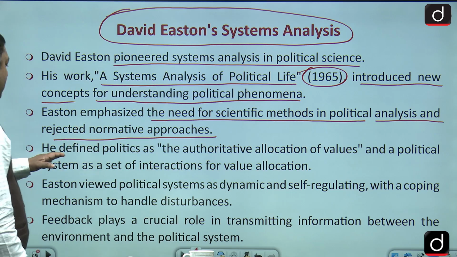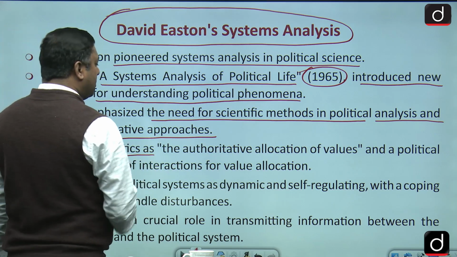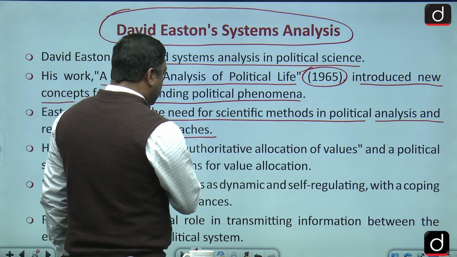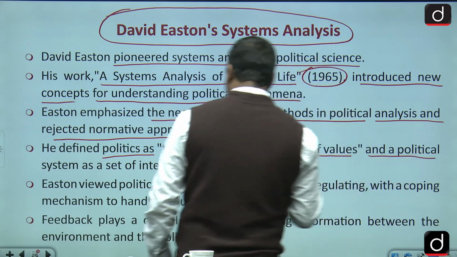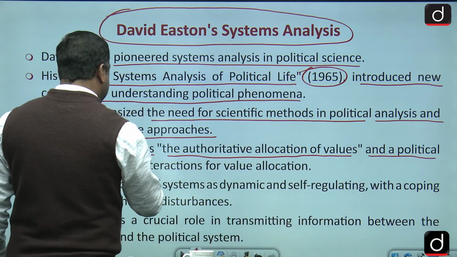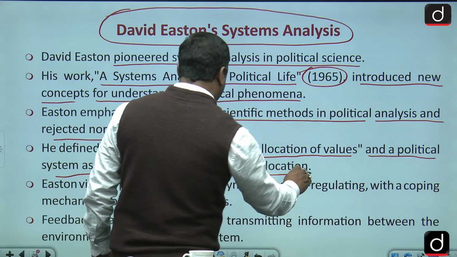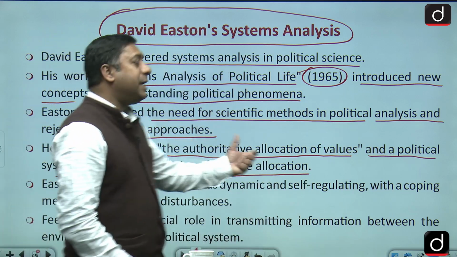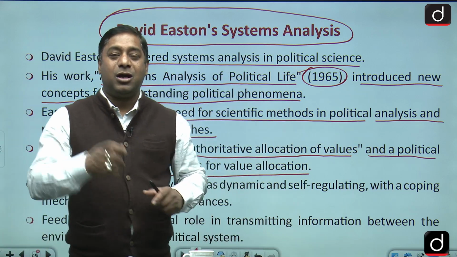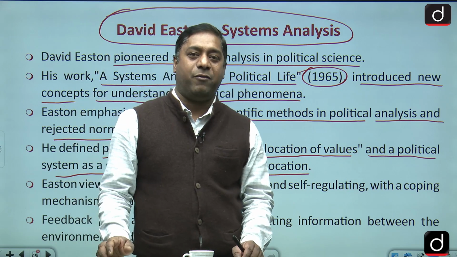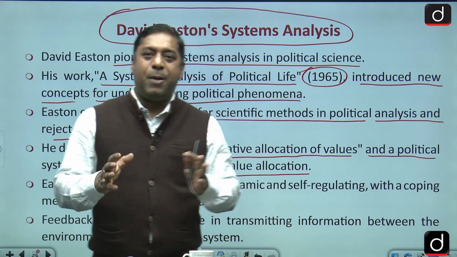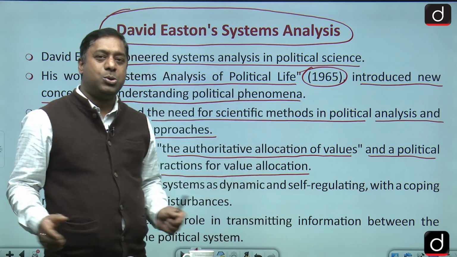So he defined politics as what? He defined politics as the authoritative allocation of values and a political system as a set of interactions for value allocation. Here authoritative means power driven. So there is a power driven allocation of values.